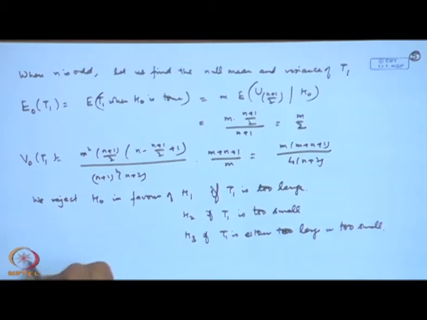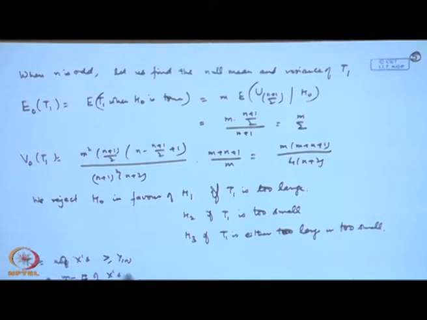See, we can consider T2 as the number of x's greater than or equal to yn, that is m minus the number of x's which are less than or equal to yn, that is equal to m minus m Fm of yn, that is equal to m times 1 minus un.